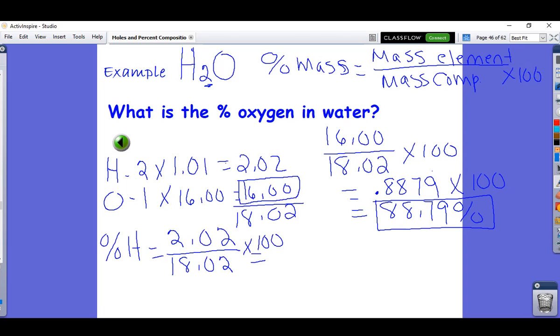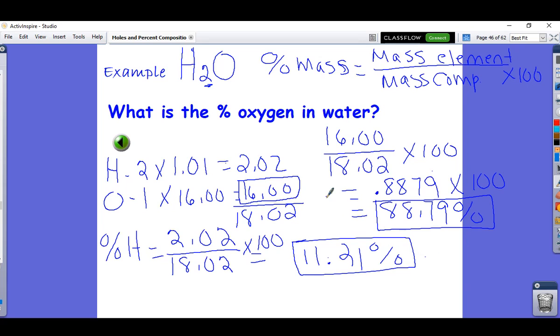When we do all our calculations, you get 11.21% for hydrogen. If you add up 88.79 and 11.21, you should get 100, and that's how you can check your answers as well.